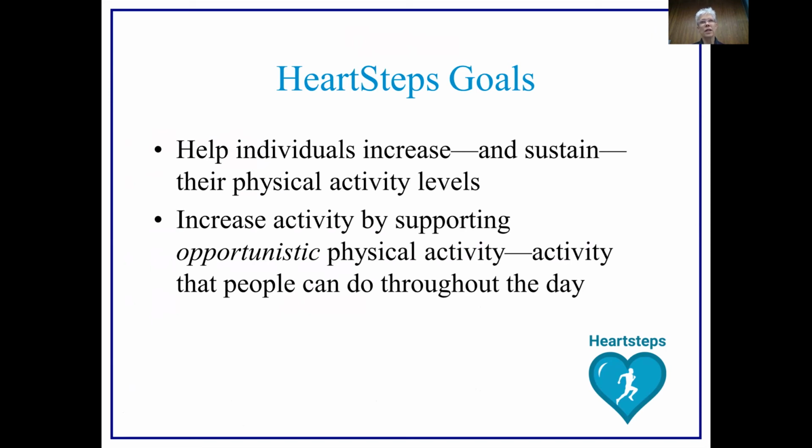Across this entire project, the goal is to help individuals increase and sustain their physical activity level. The focus population is individuals who are at very high risk for coronary heart disease.